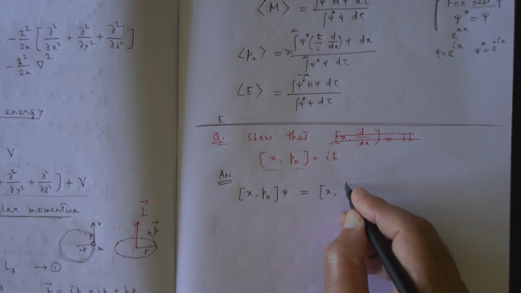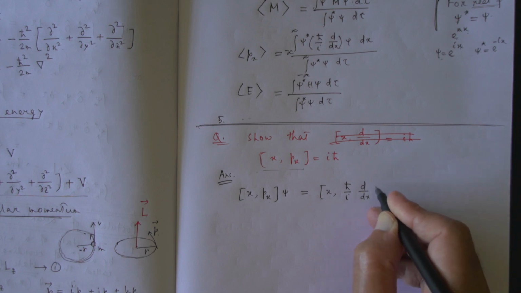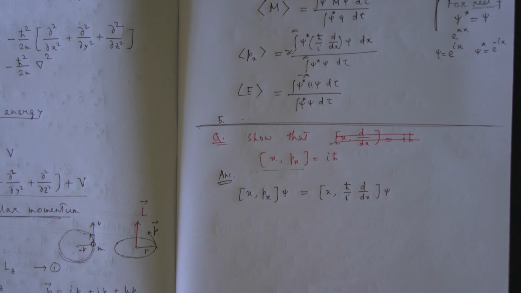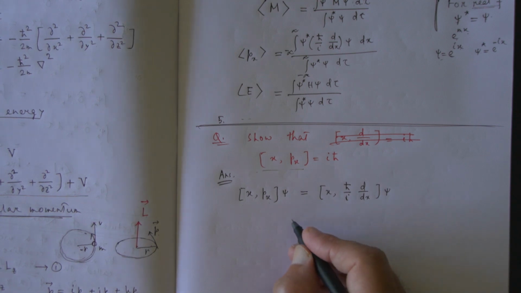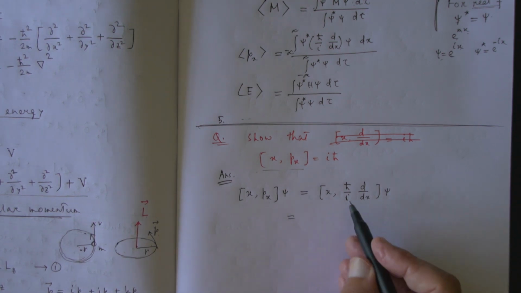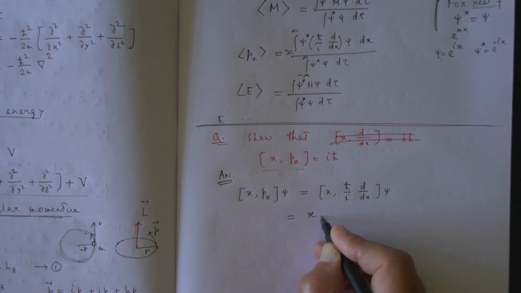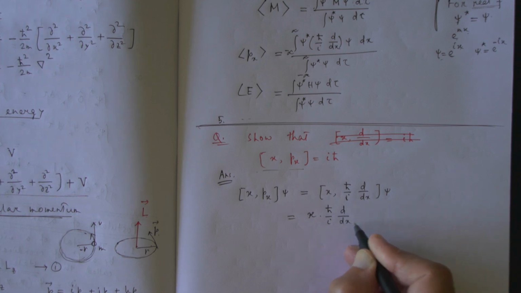Px is equal to h bar by i d dx psi. So now what is this? This is equal to x into h bar by i d dx psi.